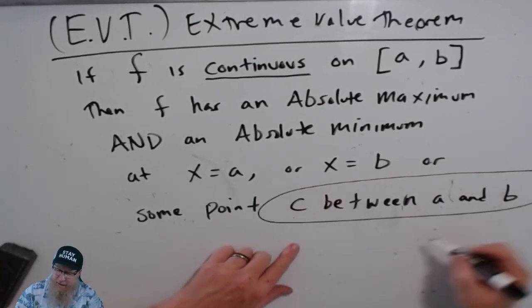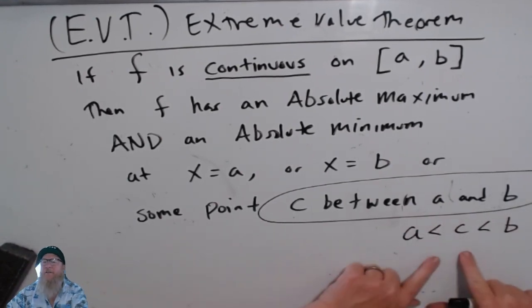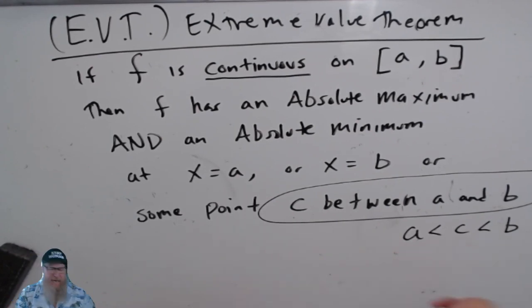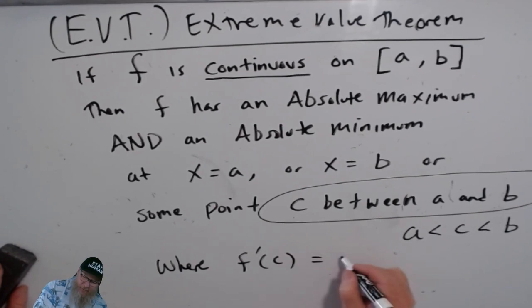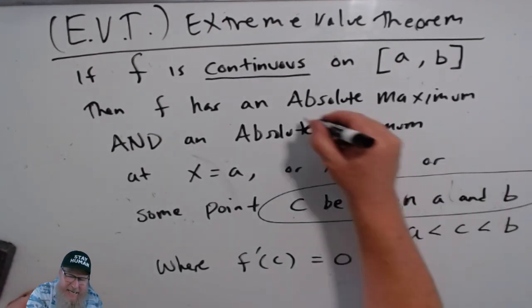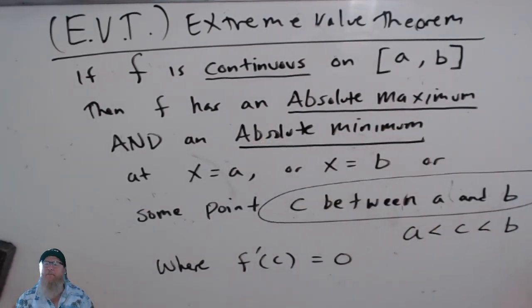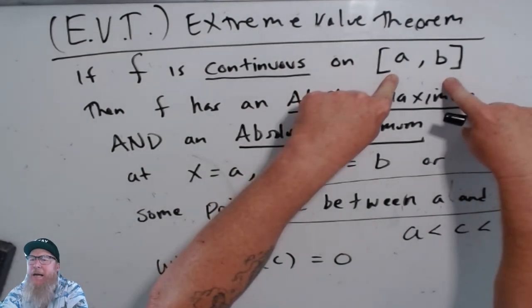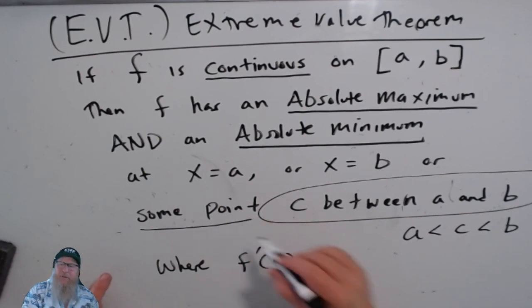where f prime of C is equal to 0. So it guarantees that you're going to have an absolute maximum and an absolute minimum either at the endpoints, A or B, or at some point in between.